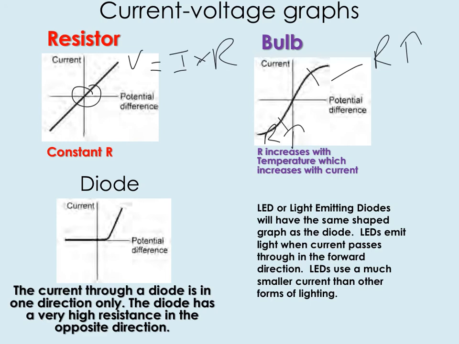So here you can see that the diode will allow current to flow in this direction, whereas in the opposite direction we get no reading at all on our ammeter. Remember that the graph for a diode is the same for a light emitting diode or an LED. LEDs emit light when current passes through them in the forward direction, and it's important to remember that LEDs use a much smaller current than other forms of lighting, which is why the use of LEDs is increasing.